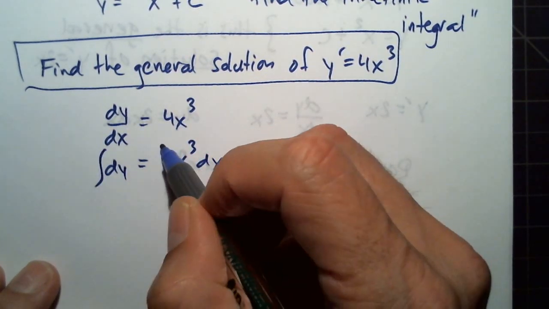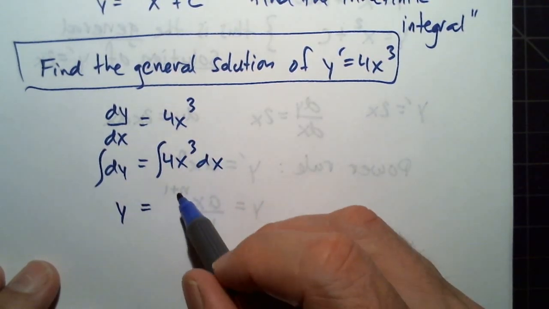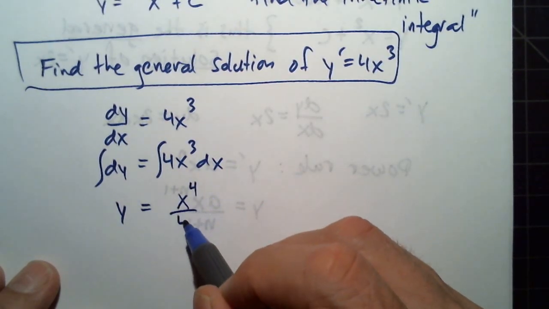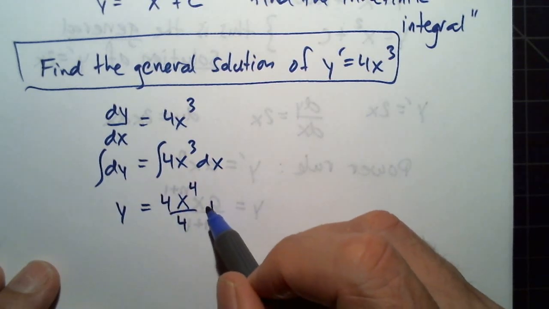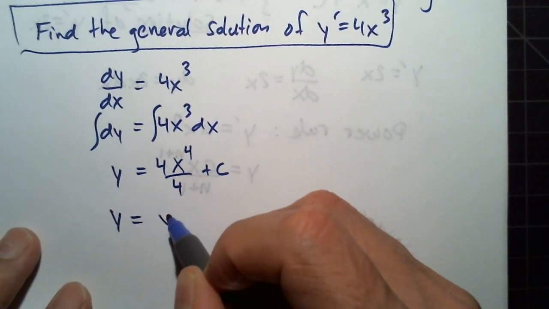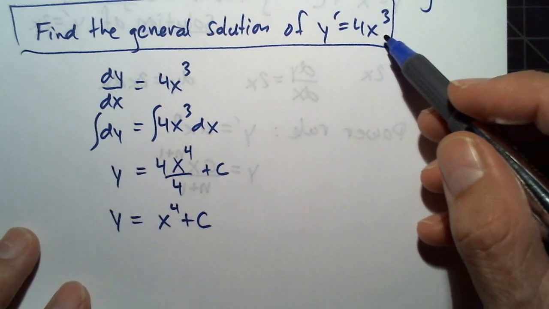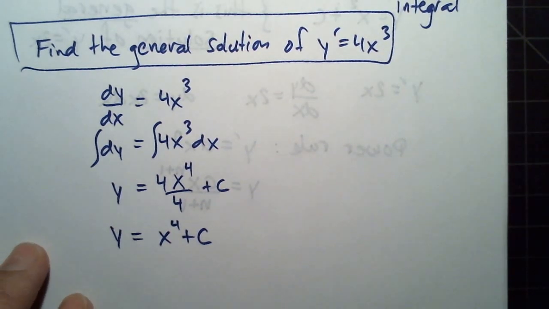And we'll integrate. Here we're going to add 1, divide by that number, and have plus c. So we get y equals x to the 4th plus c. This is the general solution of that differential equation.